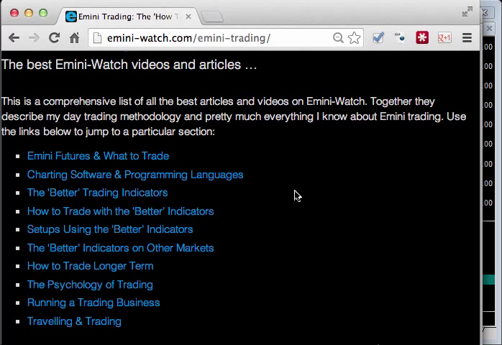Then charting software and programming languages, with recommendations on the best charting platforms and how to learn to program for those platforms. Then discussion of the better trading indicators, how to trade with them, and some specific setups and examples.